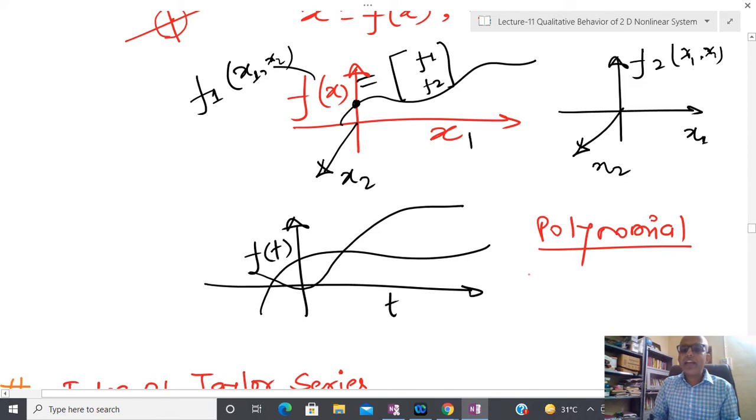So whenever I am writing some kind of polynomial, I am writing like a0 plus a1 t, and after that a2 t square, something like that. This is some polynomial way of representing some function, f dash, you can write.